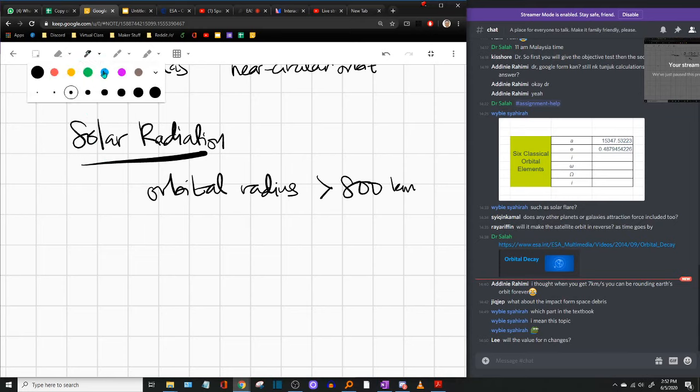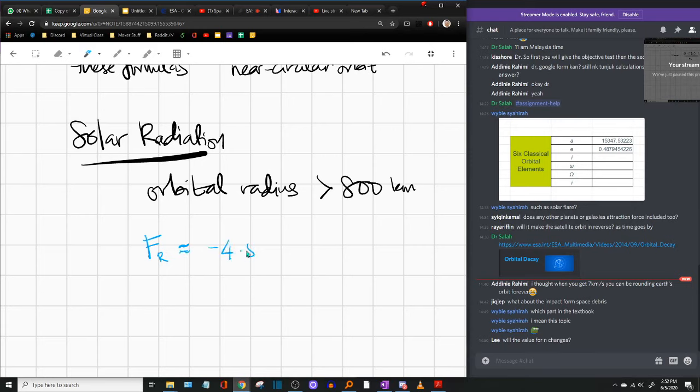So for solar radiation, I want to make an approximation of the force here. It's quite small.